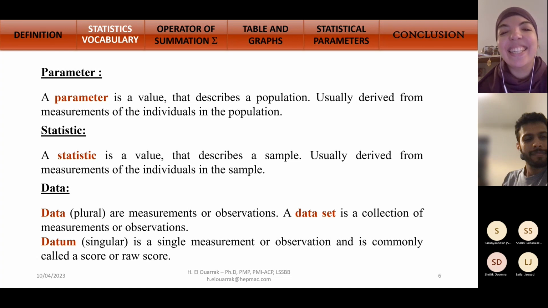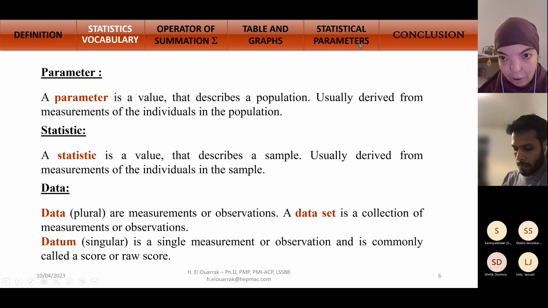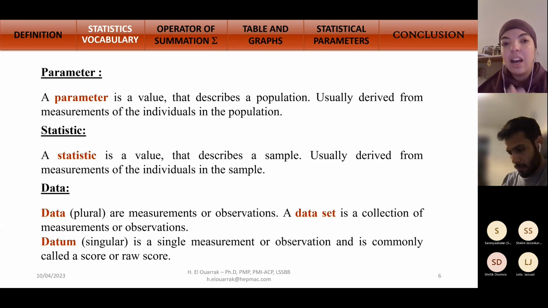Yeah, I get you. Thank you, Shalini. That's a very good question. Actually, that's what we will be discussing in the fourth section. If you look up, you can see that the fourth section is statistical parameters, where we will be discussing all these parameters. And you're right, it refers to calculating the mean, calculating the standard deviation, a certain value that, for parameters, relates to the population.